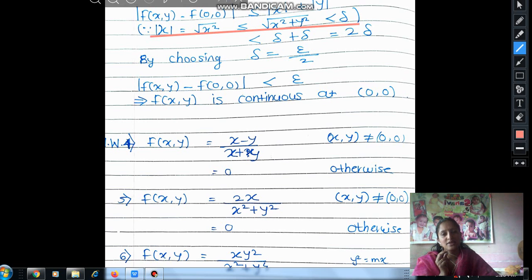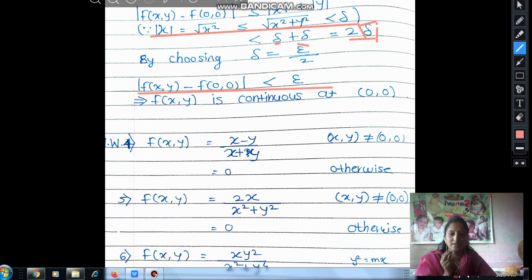Similarly, mod y is equal to square root of y square, which is less than or equal to root of x square plus y square, which is less than delta. This means the term is less than delta plus delta, which is equal to 2 delta. Now we replace the delta with epsilon, choosing delta equal to epsilon by 2. By replacing delta with epsilon by 2, we get modulus of f of x, y minus f of 0, 0 is less than epsilon. Therefore, the function f of x, y is continuous at 0, 0.